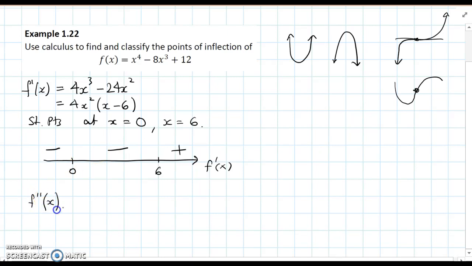So the second derivative of this function, we can use the unfactorized form because it would be a lot easier. No need to use the product rule. We would get 12x squared take 48x, and in this case factorizing, we would get 12x times x take 4.